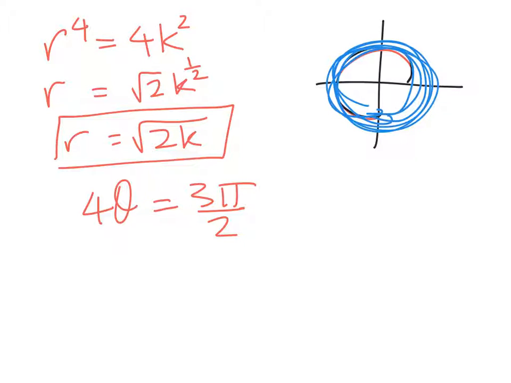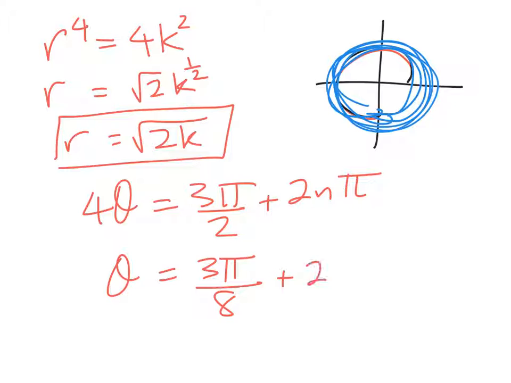So just like with general solutions, this is not 3 pi on 2, it's 3 pi on 2 plus 2n pi. And that's how we generate our 4 solutions instead of just our first one. So theta is equal to 3 pi on 8 plus 2n pi divided by 4.